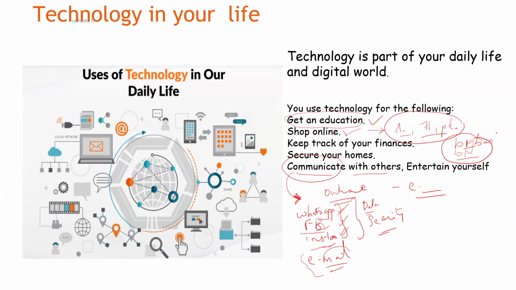All these are online platforms where you're using technology for our day-to-day activities. Not only that, we can even track our finances. So in terms of security, we are also using technology. In every part of our life, nowadays, we are more dependent on online services.